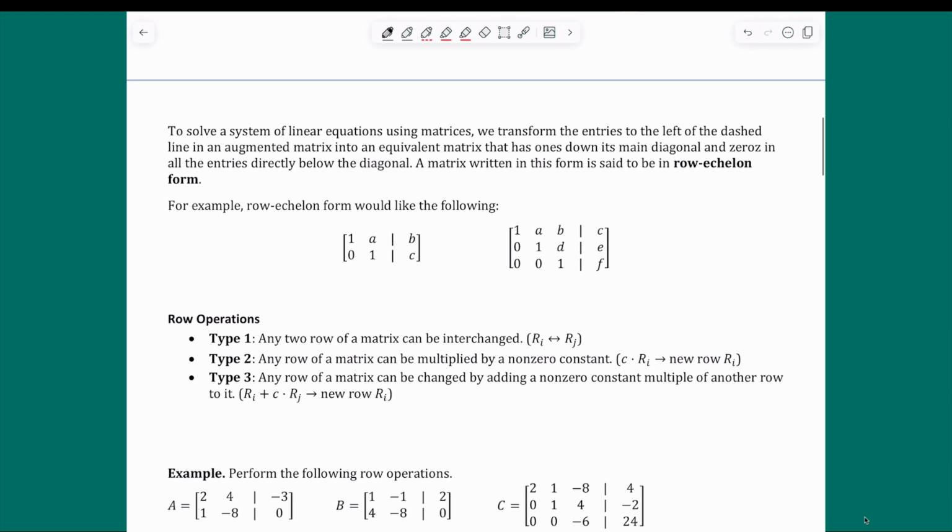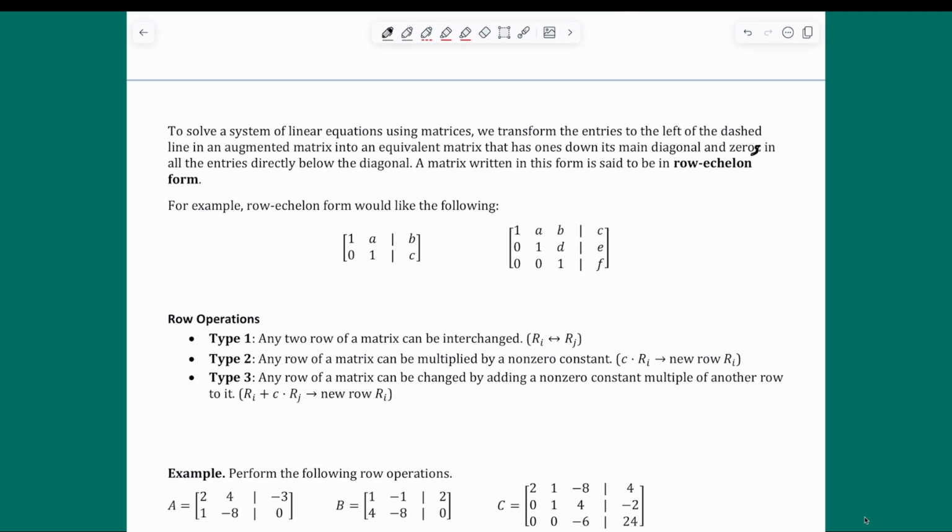Okay, so to solve a system of linear equations using matrices, the idea is we transform the entries to the left of the dashed line in an augmented matrix into an equivalent matrix that has 1s down its main diagonal and 0s in all the entries directly below that diagonal. A matrix written in this form is said to be in row echelon form.